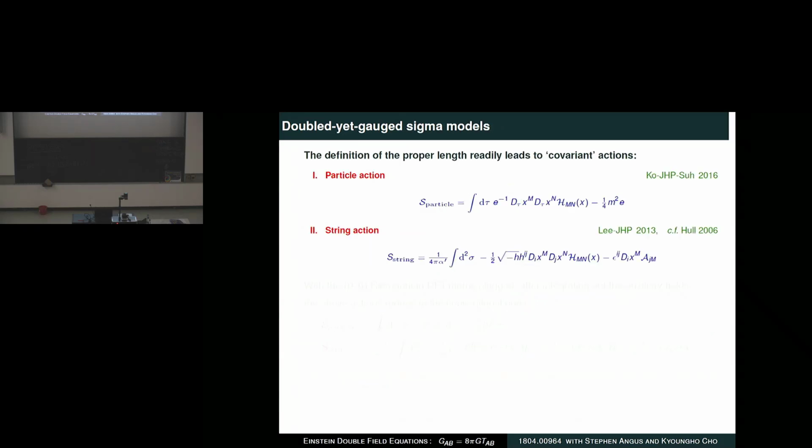So this definition of the proper length immediately generalizes to the covariant particle action and string action in the Polyakov formulation.